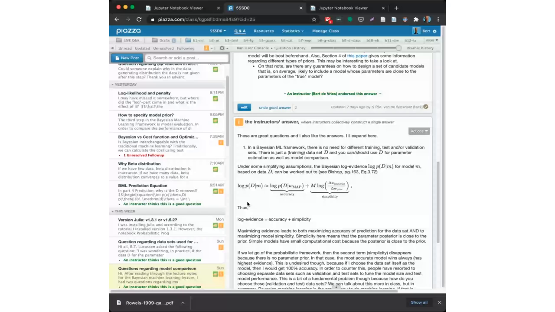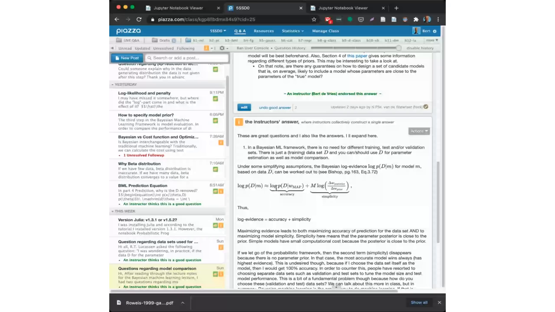The Bayesian framework leads naturally to simpler models. You don't have to do anything for it. You cannot overtrain. But if you throw away your prior, then you can overtrain. That's what happens in maximum likelihood. There's no more prior, and then you can overtrain. And in order to avoid that, yeah, then you need a test set.